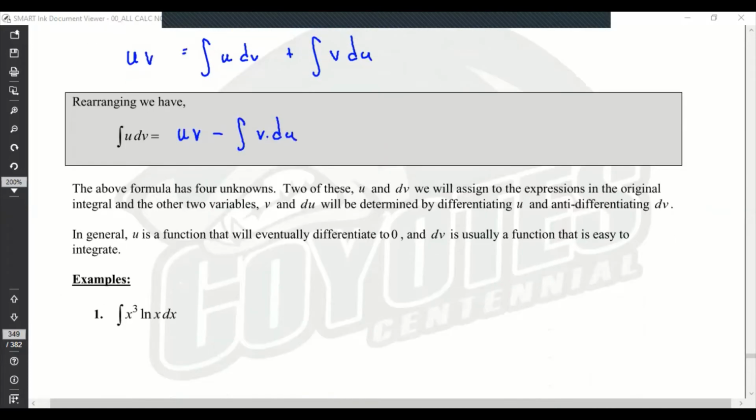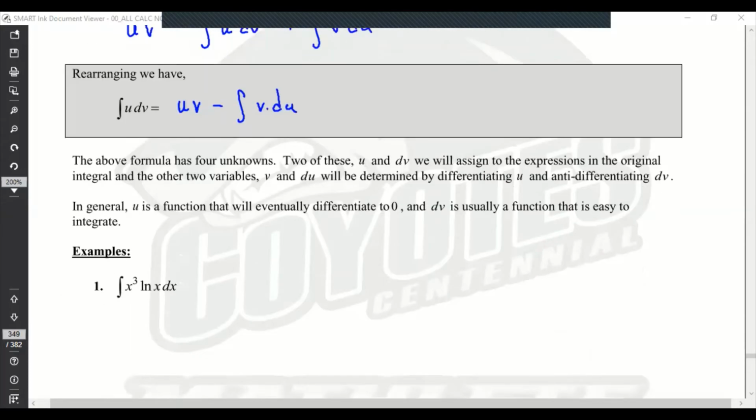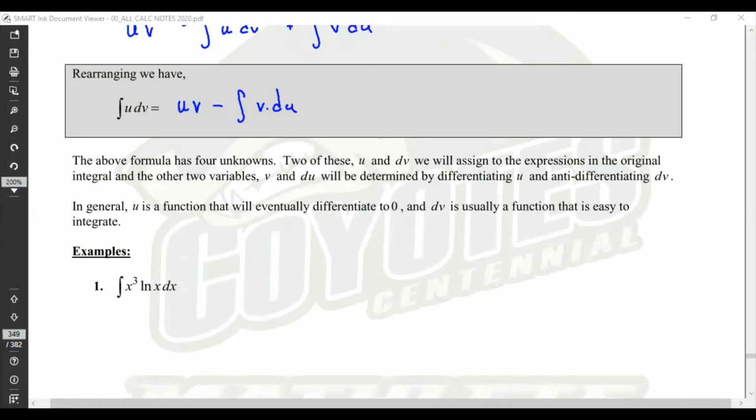Ends up being a little easier to memorize and remember and to work with. Should point out here that this above formula has 4 unknowns. We have u and du, and we have v and we have dv. 2 of these, we're going to assign to the original stuff.